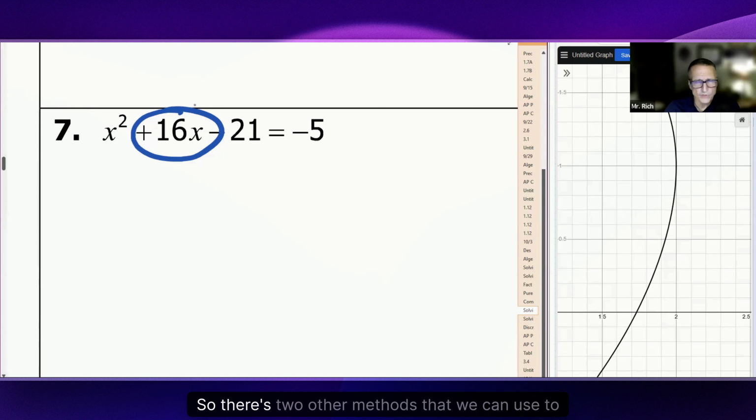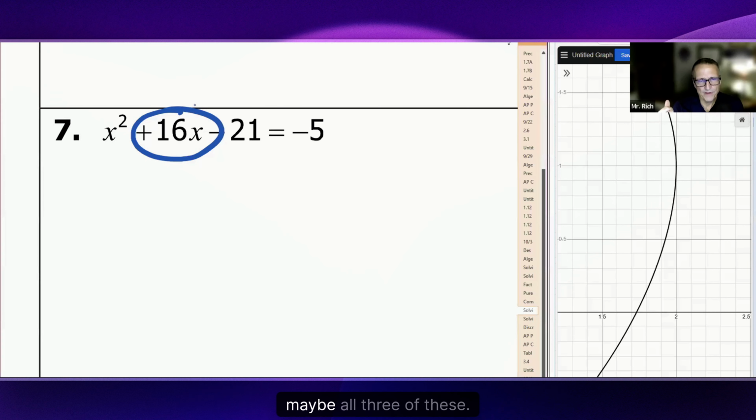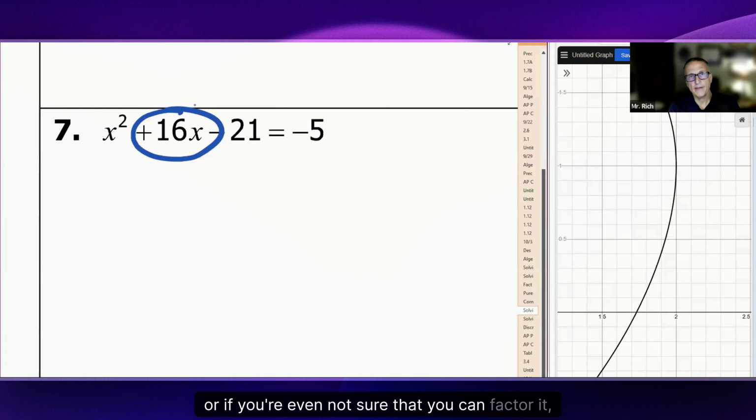So there are other methods we can use to solve a quadratic. There are actually 3 methods, and we'll look at maybe all 3. If you can't factor, or you're not sure that you can factor it, you can do something called completing the square so that you can use the square root property. So I'm going to show you how that works.